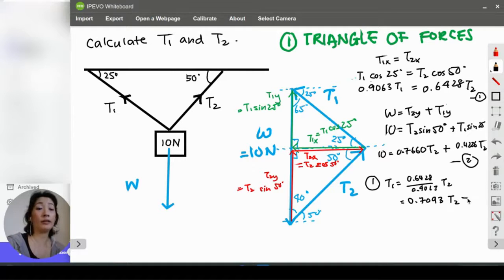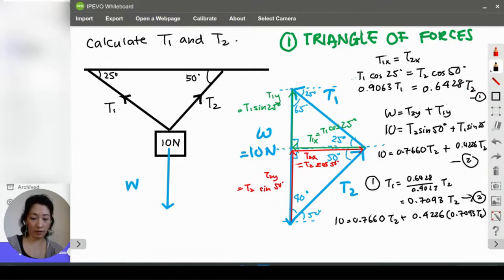So substituting this into number 2, this would be 10 equals 0.7660 T2 plus 0.4226 times 0.7093 T2. You would get a total of 1.06575 T2.